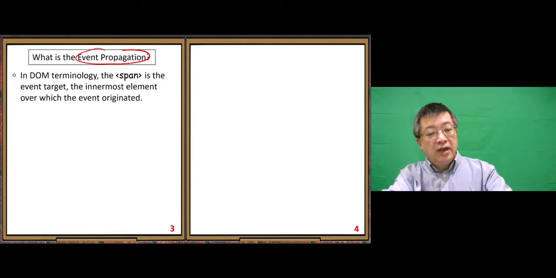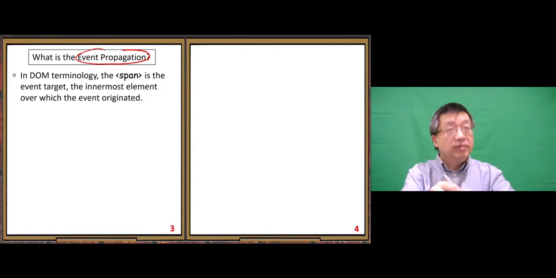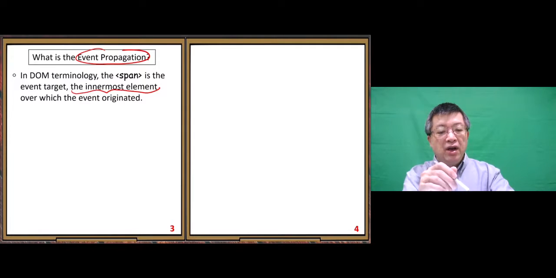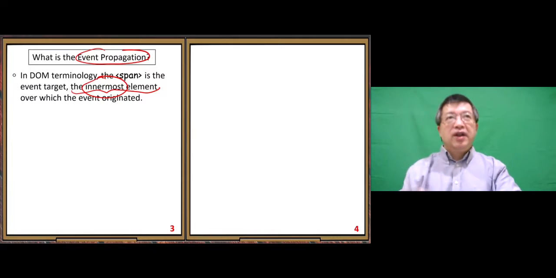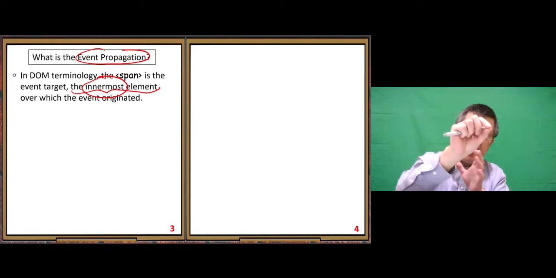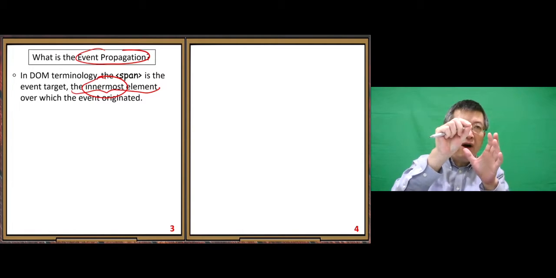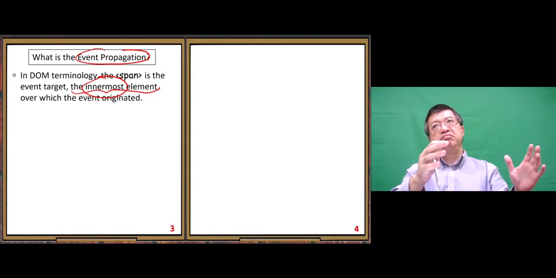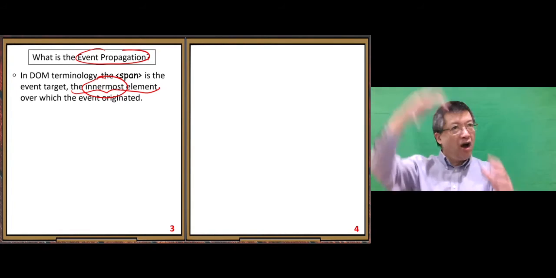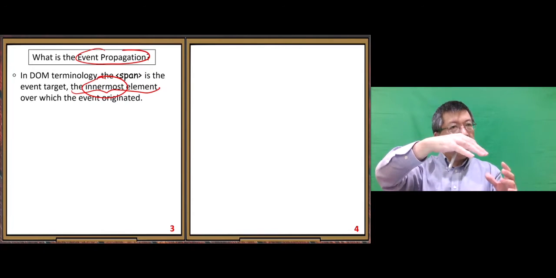And that concept, the meaning of that, is the innermost element over which the event originated. So here, this innermost is important. Think about when we apply an event, we apply it on many different elements, a long sequence of elements, right?